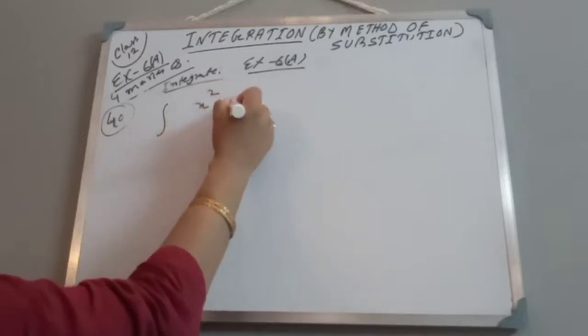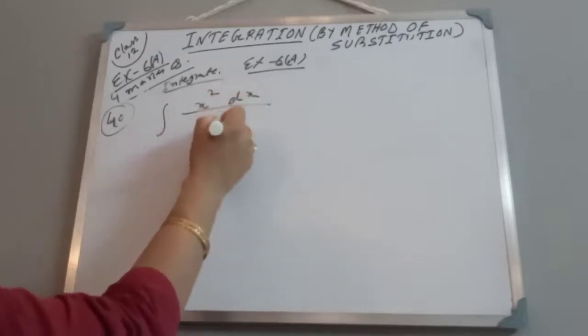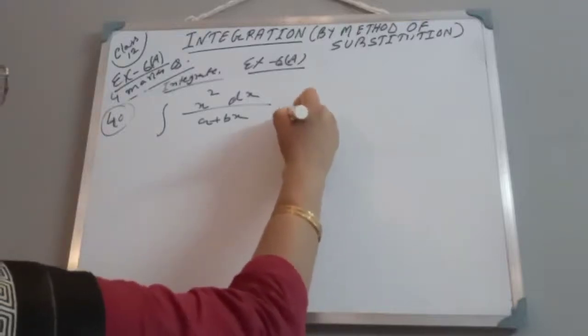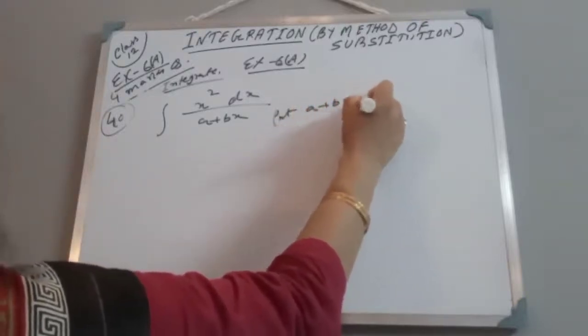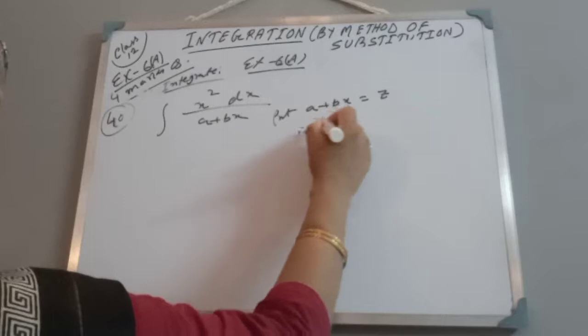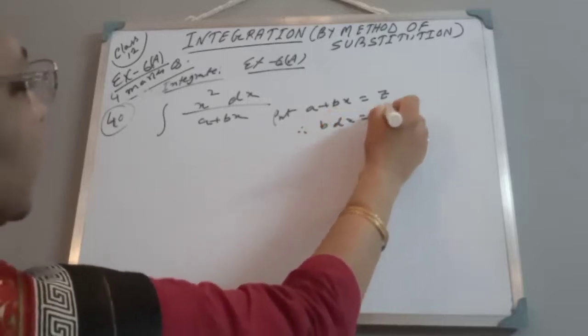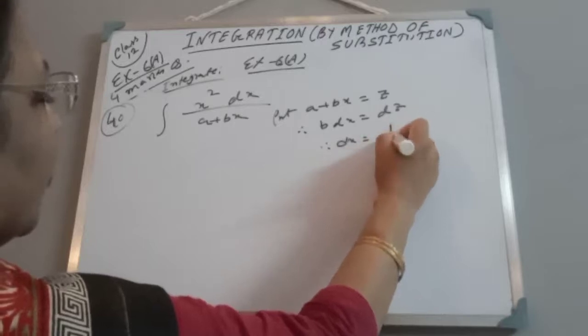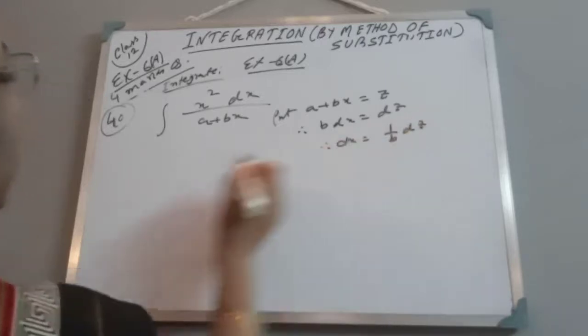Integral x square dx by a plus bx. Put a plus bx is equal to z. Then b dx is equal to dz. Therefore dx obviously is 1 by b dz.